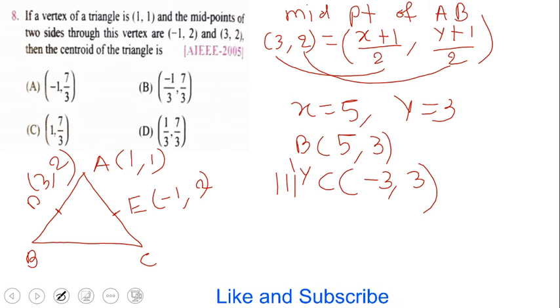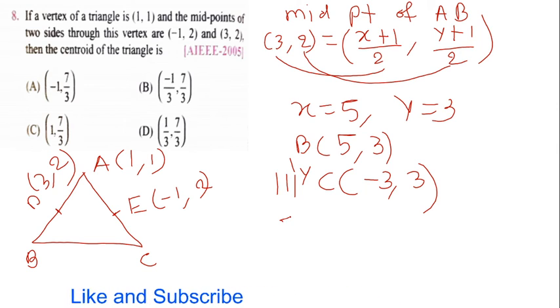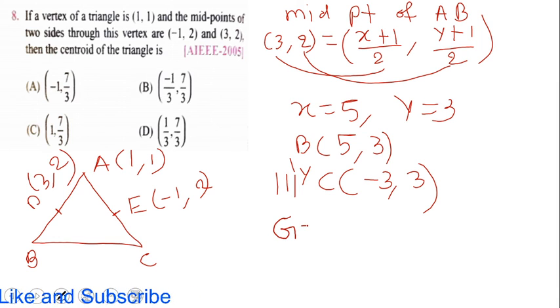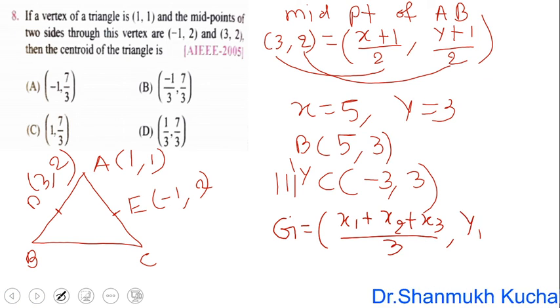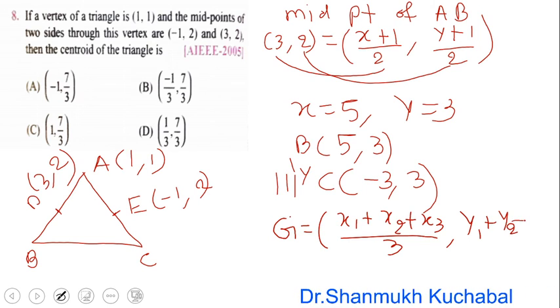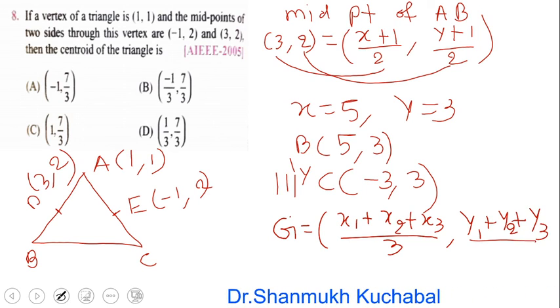Okay, then the centroid of the triangle, this is G, equal to (x1 plus x2 plus x3) divided by 3, and next (y1 plus y2 plus y3) divided by 3.